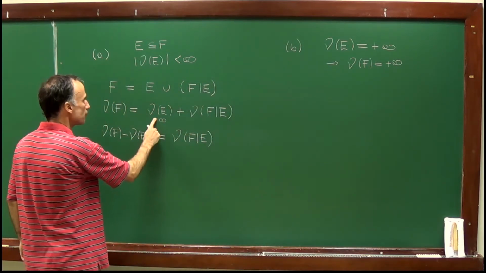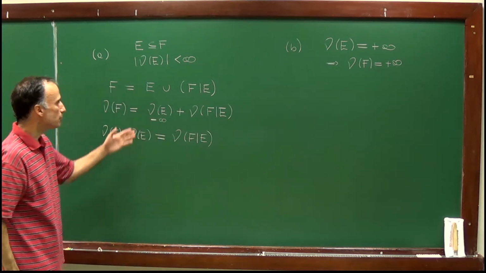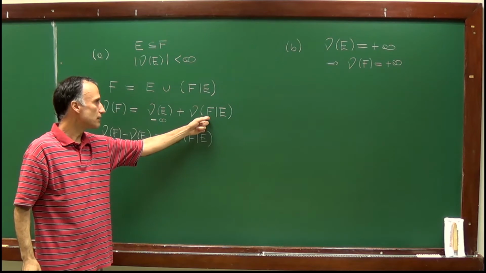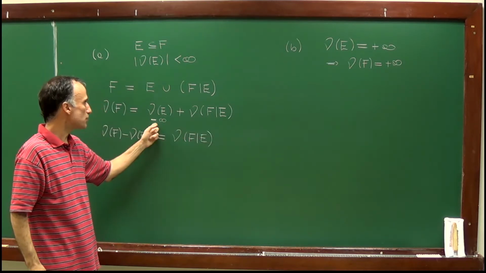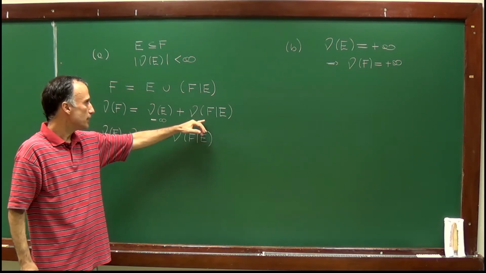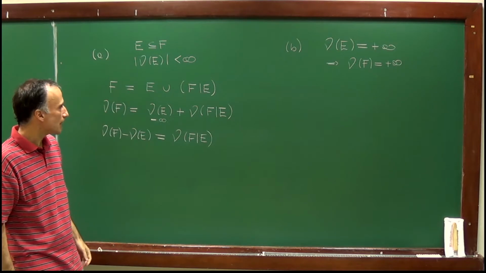Now, if nu of E is equal to minus infinity, we can repeat the same argument. These two sets are disjoint, so this set can't take the value plus infinity. So this measure is either a real number or it's equal to minus infinity.